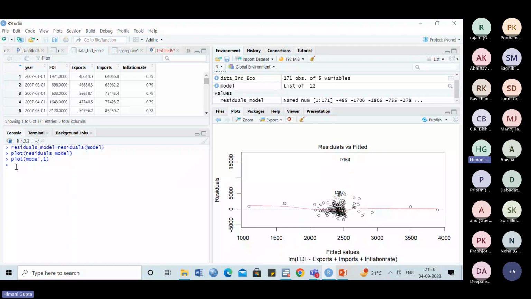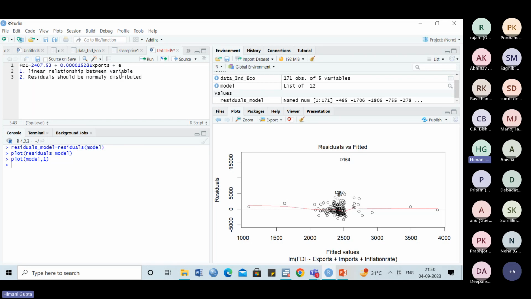Now, the first thing we have done is check for a linear relationship. We didn't find a linear relationship; there is a curvy relationship. Second, the mean of the residuals should be 0.